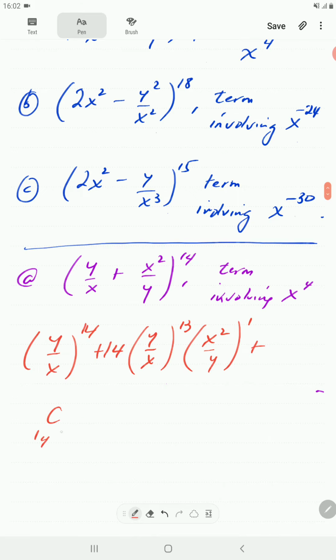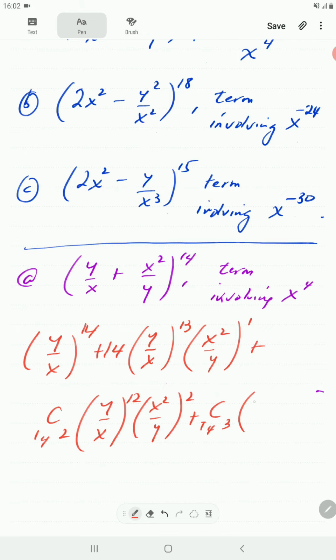And then combinations of 14 taking 2 at a time, y over x is now going to be to the power 12, x squared over y to the power 2. Combinations of 14 taking 3 at a time, y over x to the power 11, then x squared over y to the power 3.